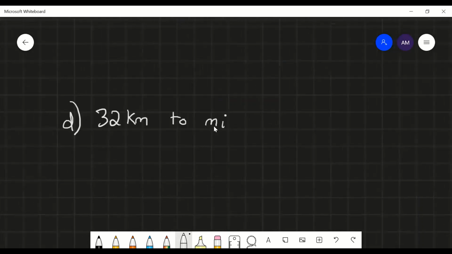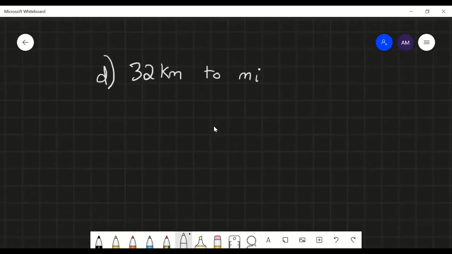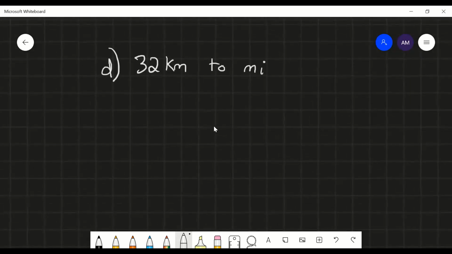This next one may require a lot of conversions. So I'll just list them off here for you. 1 kilometer happens to be the same as 1,000 meters.